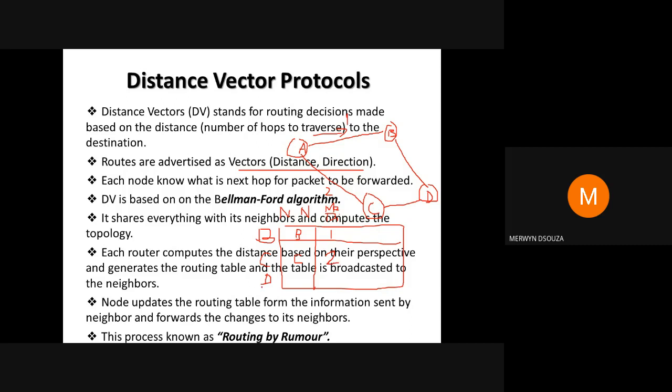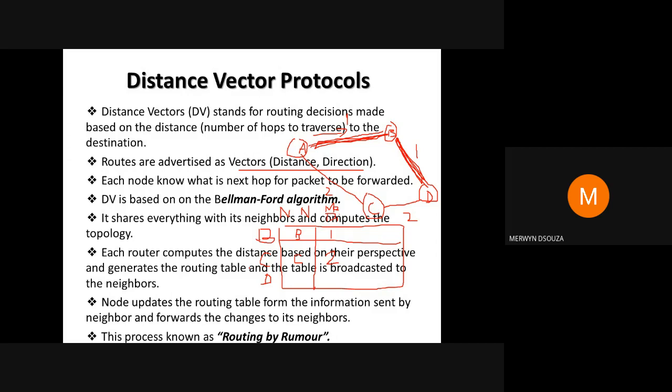Now to forward a packet from A as the source to D, since there is no direct connection, the shortest path has to be calculated. Suppose the value here was 1 and here was 2. Looking at it visually, the shortest path is from A to B and B to D. So whenever A wants to send a packet to D, it sends the packet in the direction of B, and then B will forward the packet to D, because that is the shortest path.